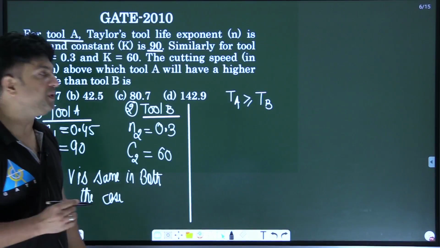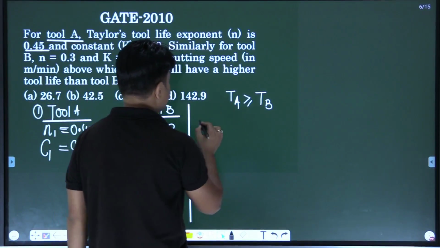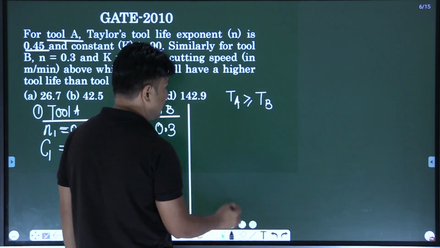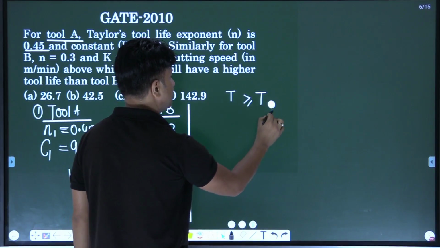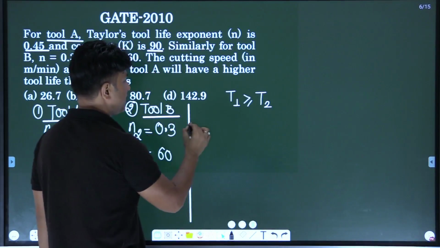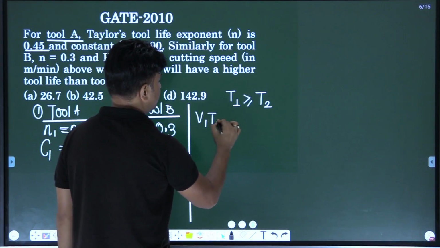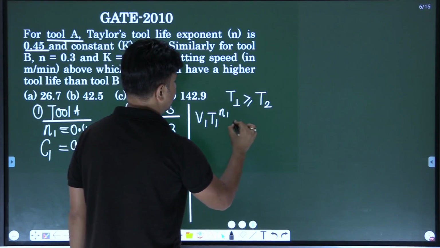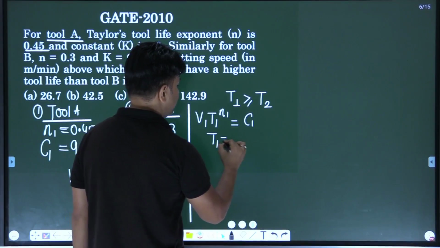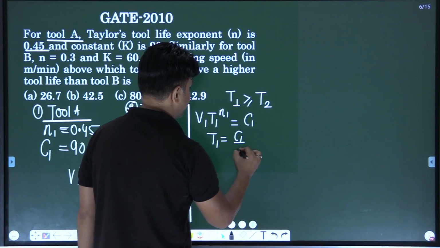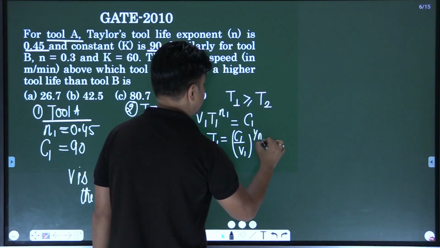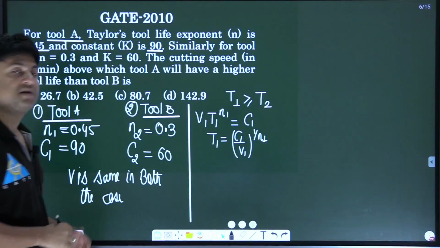So how can you write TA? Instead of TA I will use T1 and T2. Now you know V1 T1 to the power N1 equals C1. So T1 is C1 divided by V1, all to the power 1 by N1, right?